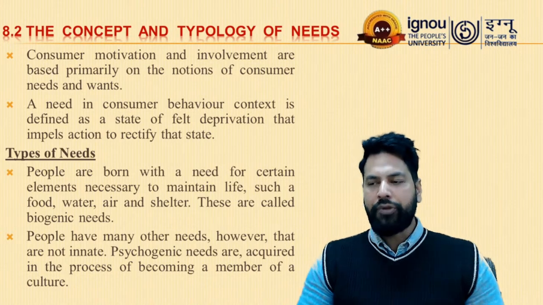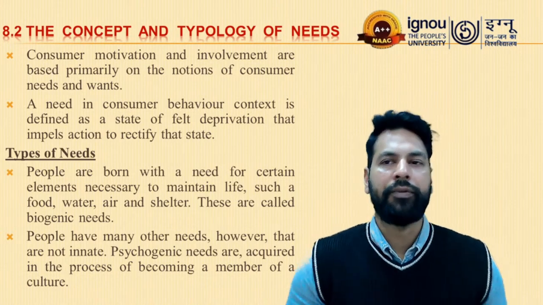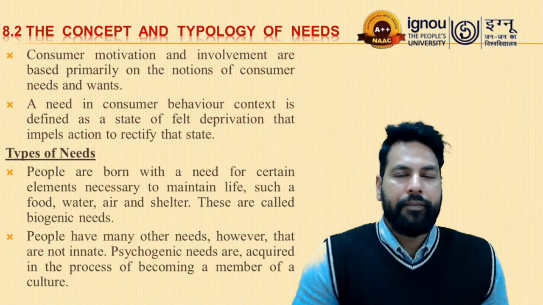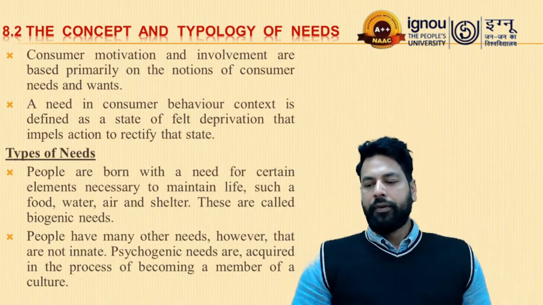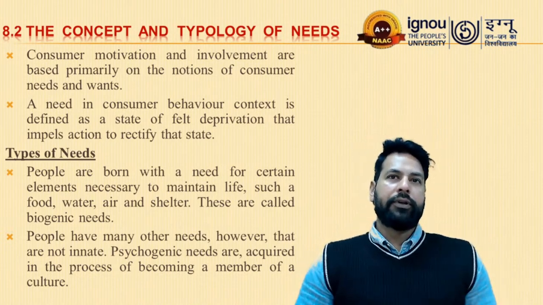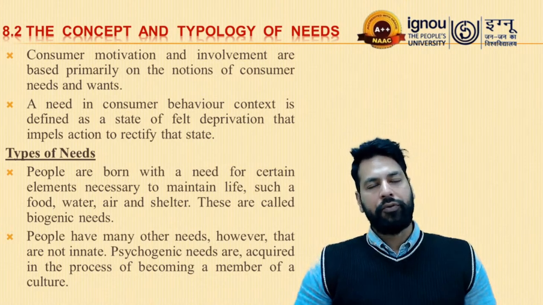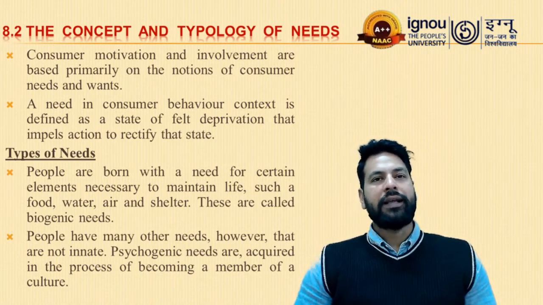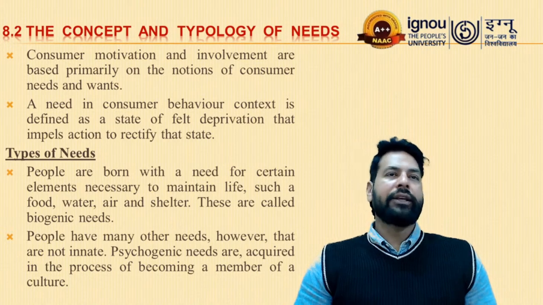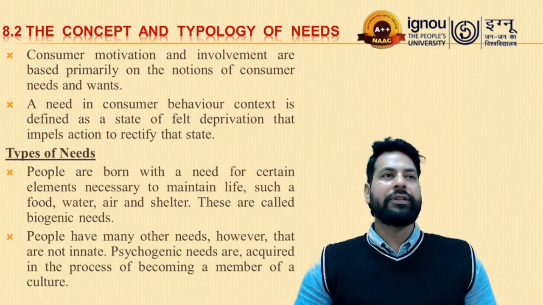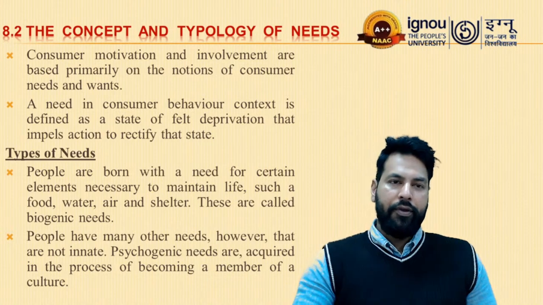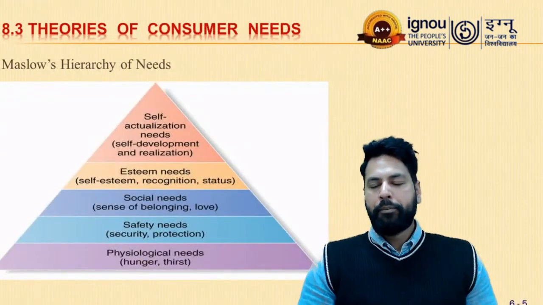So while in the process of becoming the member of the society, the member of my group, the need which I see, which I sought for, is termed as psychogenic need. So needs important for your physical existence. We know about this thing.